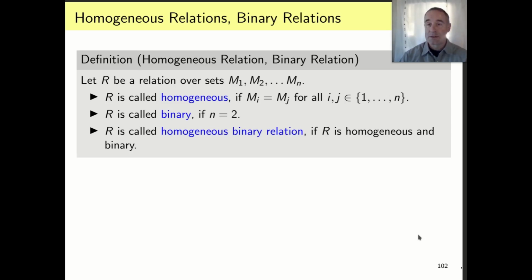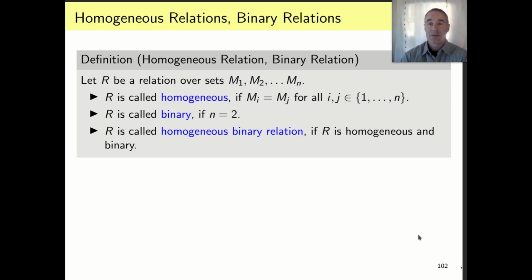Let's introduce a little terminology. So we need to talk about homogeneous relations. Homogeneous relations are just relations where all the arguments are drawn from the same set. And another term that's useful is binary. There are relationships that are more than binary. So between is a relationship amongst three things.